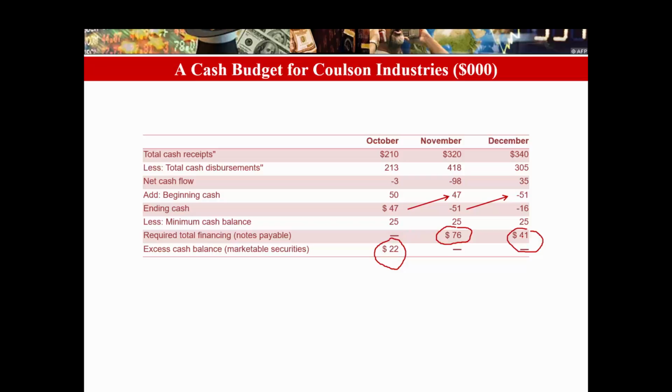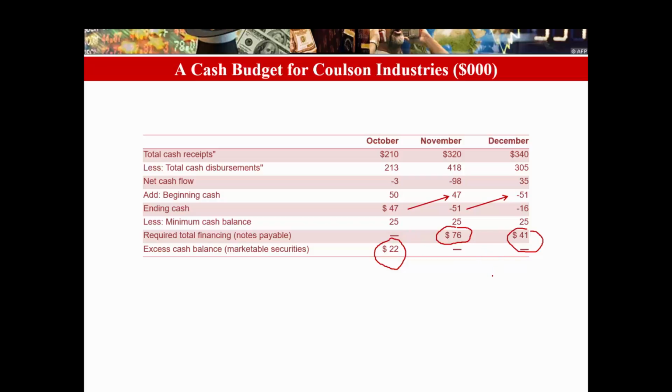So we will have $41,000 of notes payable in our balance sheet as of December 1. This means that a credit line of maybe $80,000 will take care of our cash needs during this 3-month period.